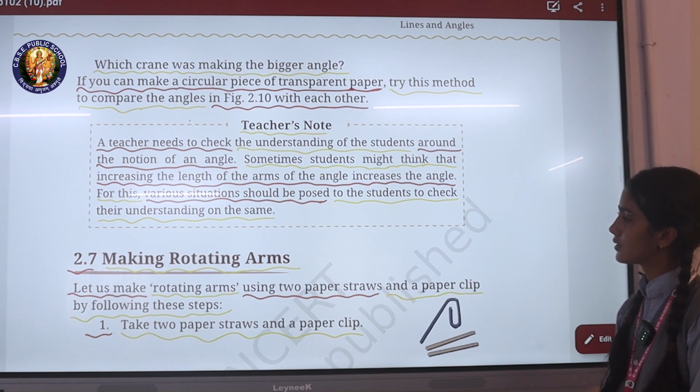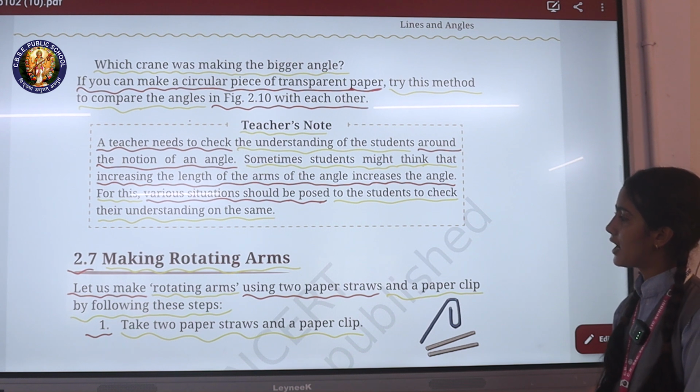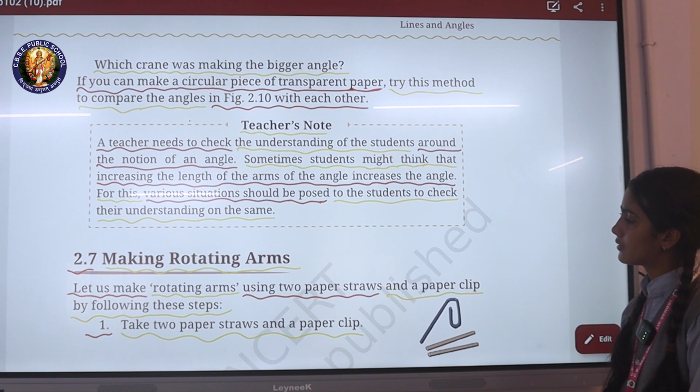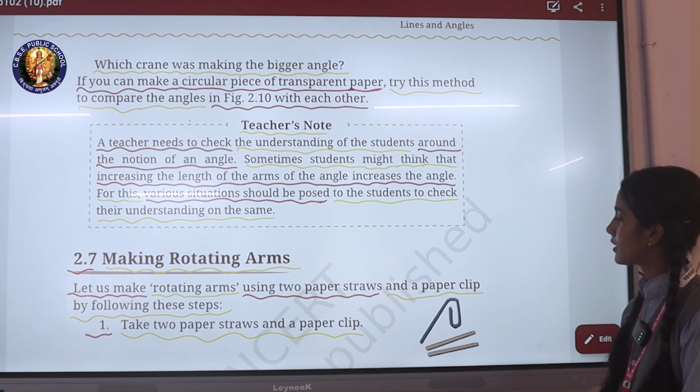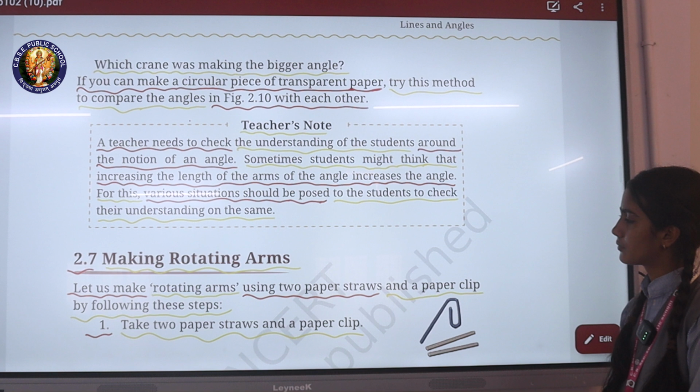2.7 Making rotating arms. Let us make rotating arms using two paper straws and a paper clip by following these steps. Number 1.